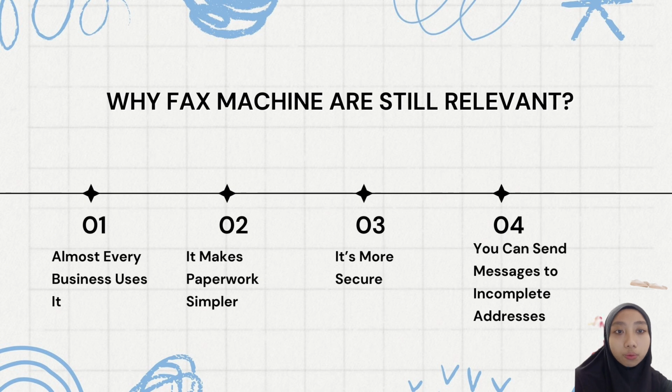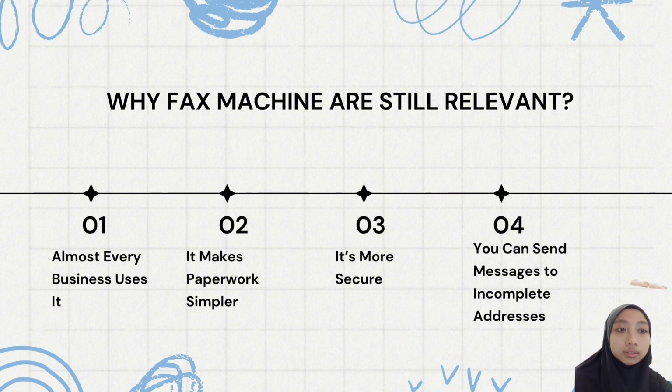Here is the reason why fax machines are still relevant. 1. Almost every business uses it. It also makes paperwork simpler because every single business on the planet has paperwork. Sometimes it's an epic pile of paperwork that's looked upon with dread.